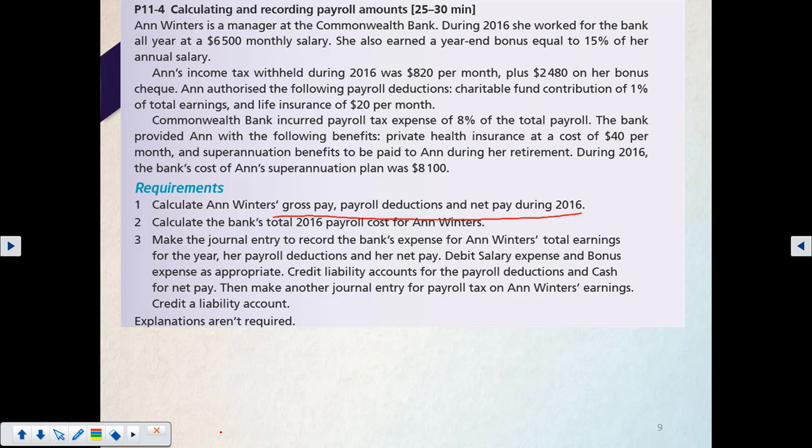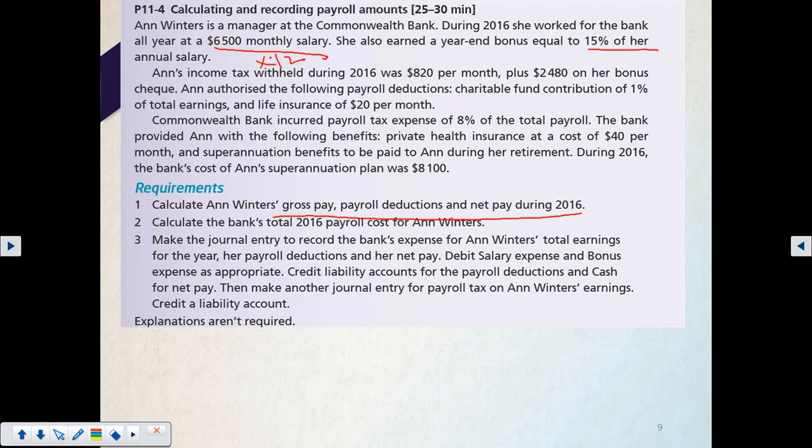Some of you are doing good. Very good on this. So it's a simple calculation, just like primary school calculation. We have an income that is a $6,500 monthly salary, so we multiply this by 12. Then she got a bonus that is 15% of her annual salary.